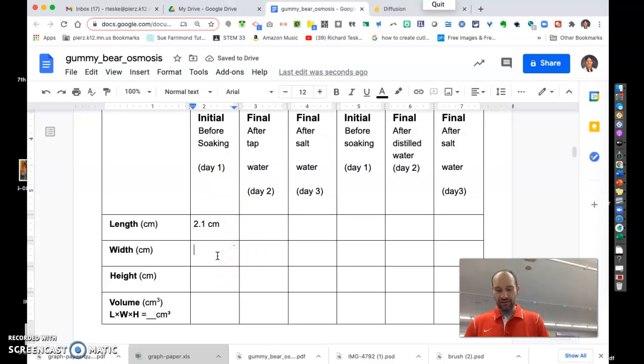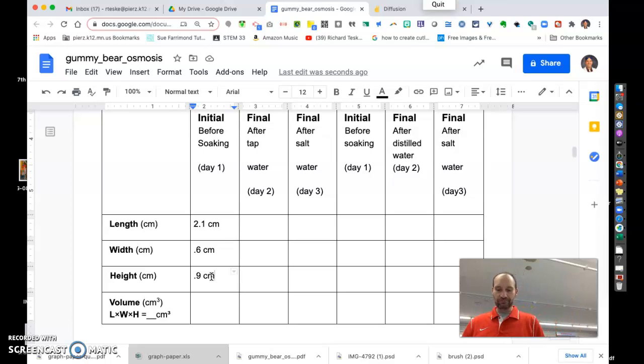The width of the gummy bear is going to be 0.6 centimeters. And the height of the gummy bear, and all I'm doing is using a ruler just to measure it, is going to be 0.9 centimeters. And all I'm doing is just measuring length, width, and then the height, okay?